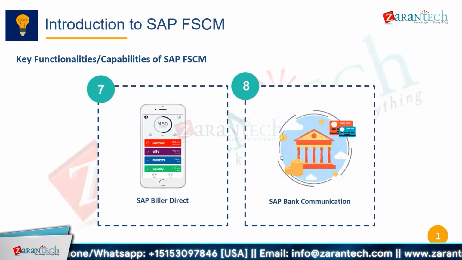Suppose you take an example wherein you are managing with 10, 20, 50 banks. The person who is authorized to approve the payment has to log in to the system and do all those approvals in different banks. So that is also a challenge.